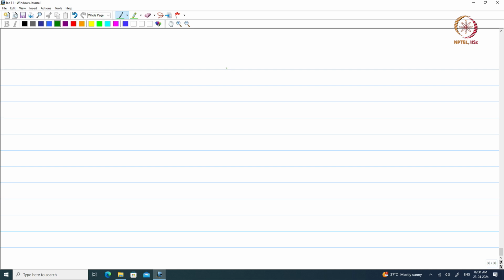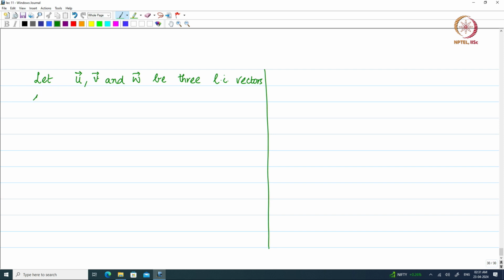Suppose we have let u, v and w be 3 linearly independent vectors in R3.